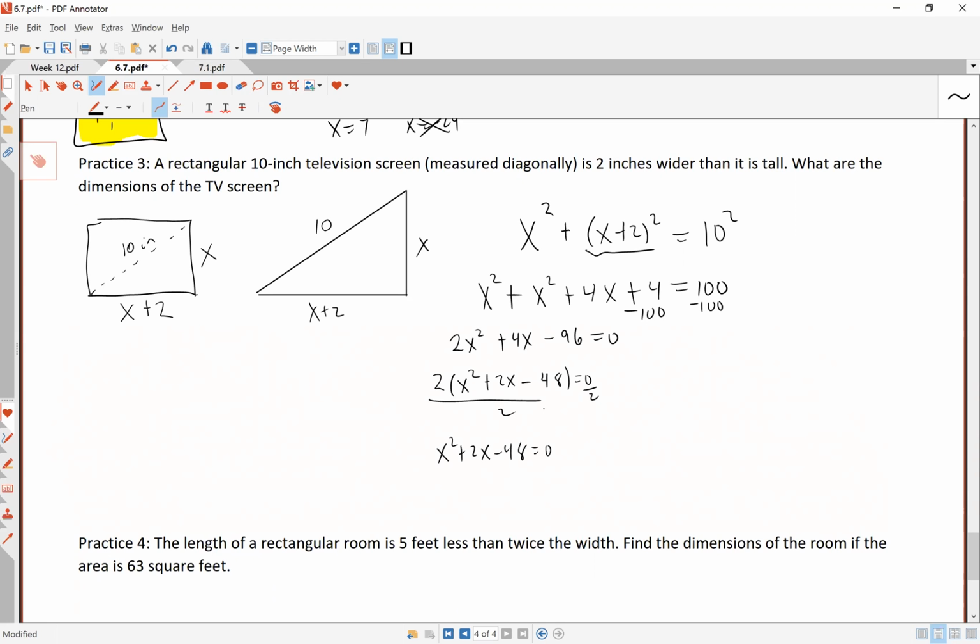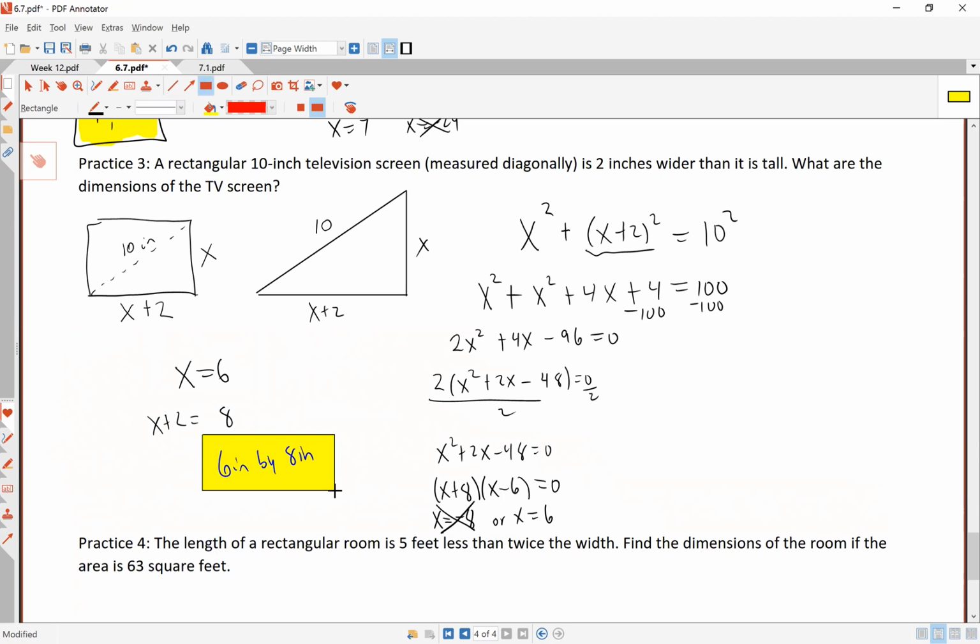So that one factors as x plus 8 and x minus 6. Setting those factors equal to 0, we get x equals negative 8, or x is equal to 6. And so this is a case where negative 8 doesn't work, but x equals 6. And then 2 more than x is 8. So this is a 6-inch by 8-inch TV, about the size of an iPad.